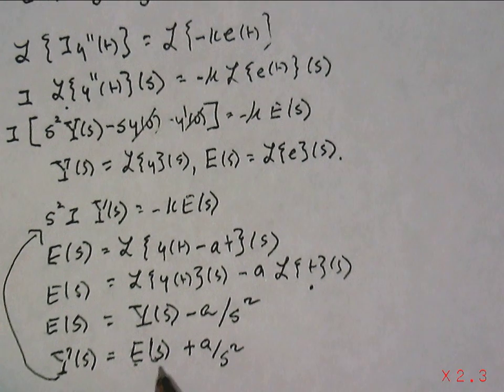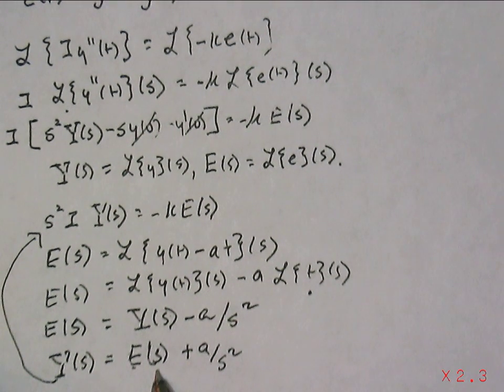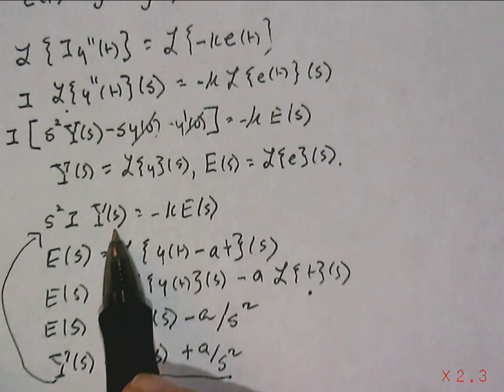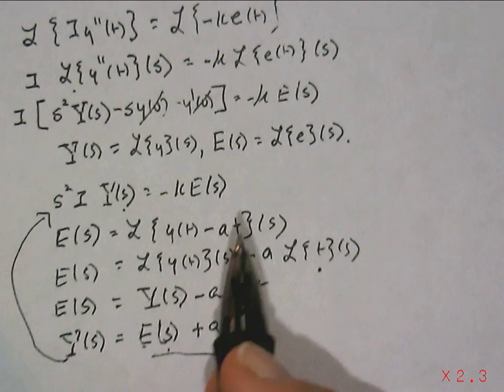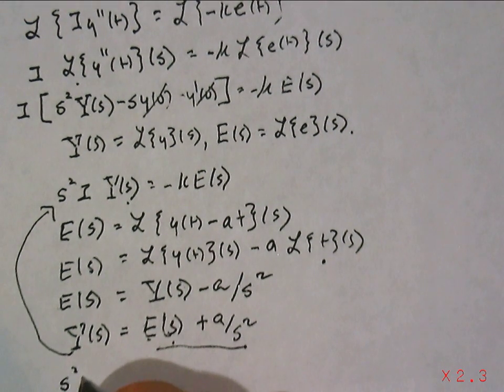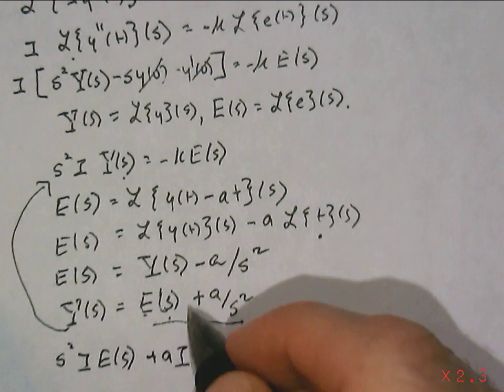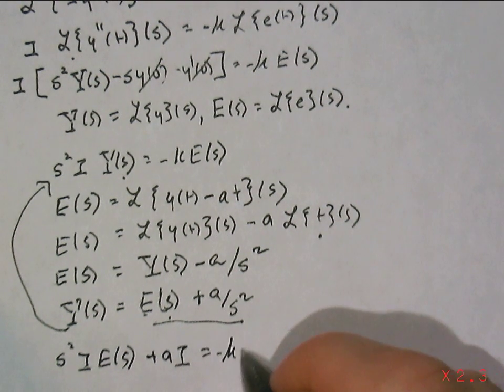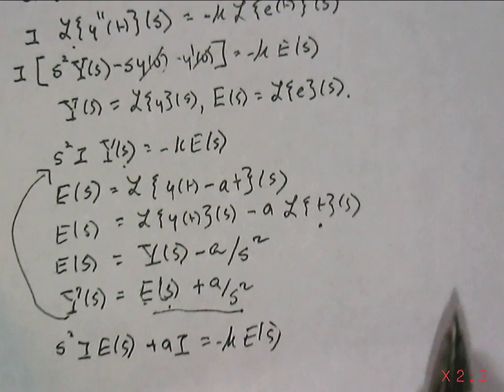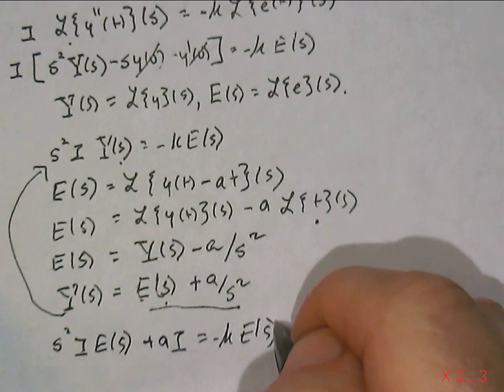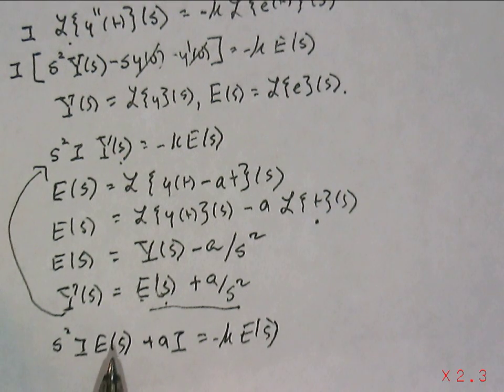If you plug this expression for y of s up here, you end up with s squared times the moment of inertia, E of s, plus that constant k times E of s, is equal to minus a times the moment of inertia. Again, that's the Laplace transform of your deviation function.